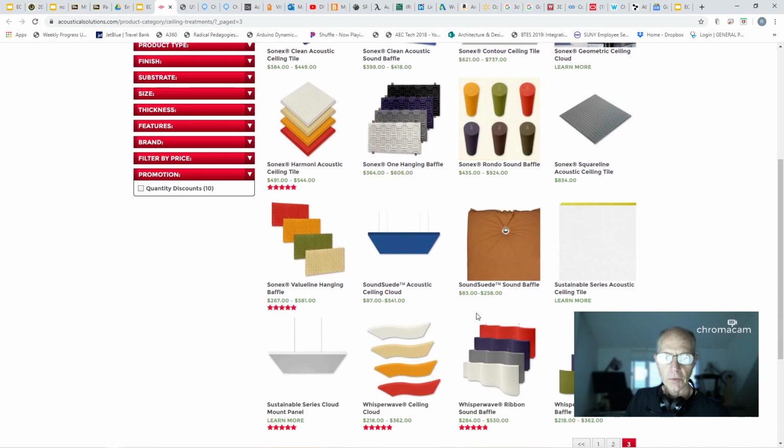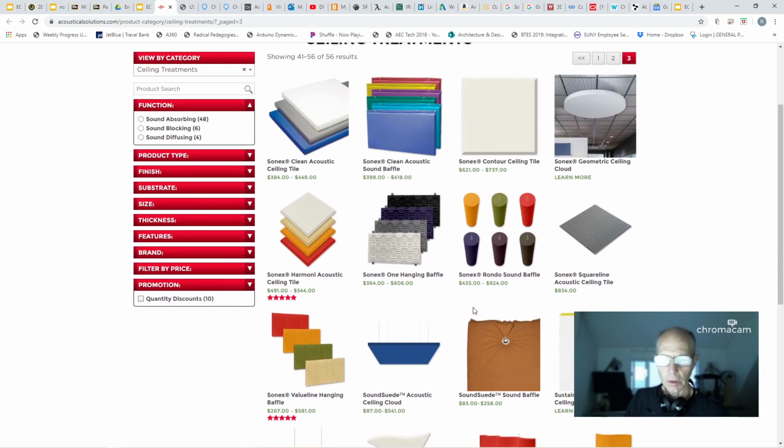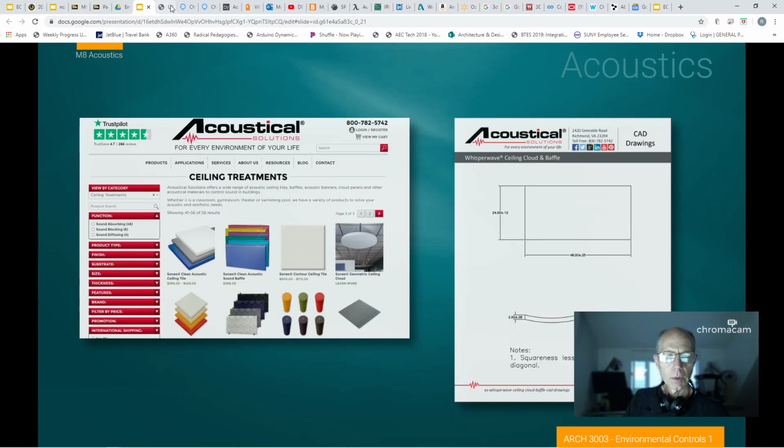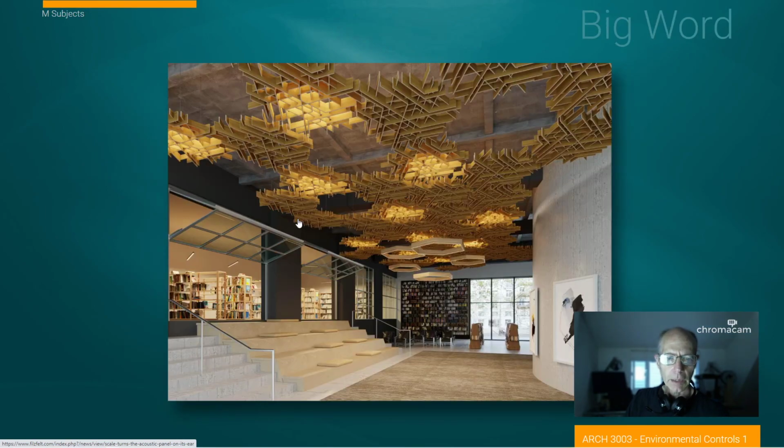And why I think these are valuable is they also have visual value to improve the appearance of our interior built buildings. So that's available to you. And we're going to actually make this acoustical surface in our lab.